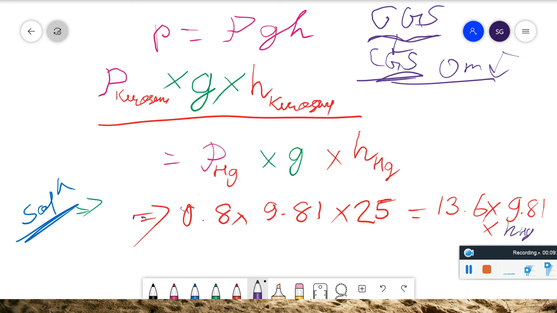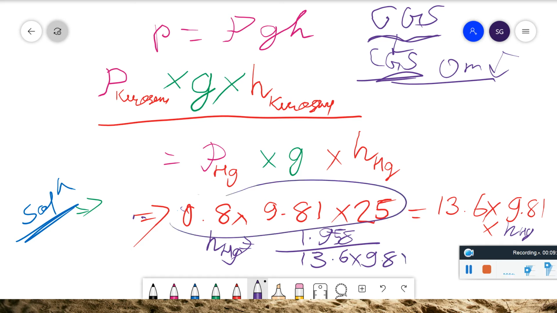This we need to find out. So if we calculate this h of Hg, it will be 1.958 upon 13.6 into 9.81. Solving this, we will get the answer.